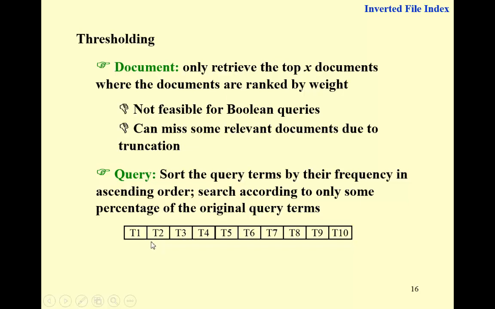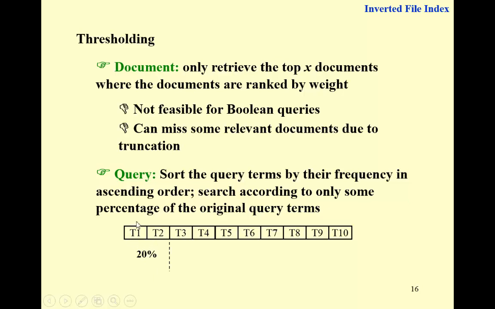For example, if your user's input consists of 10 different terms and we sort them according to their frequencies, then it's up to you to set the threshold. For example, if you set the threshold to be 20%, then we will only search the first 2 terms.